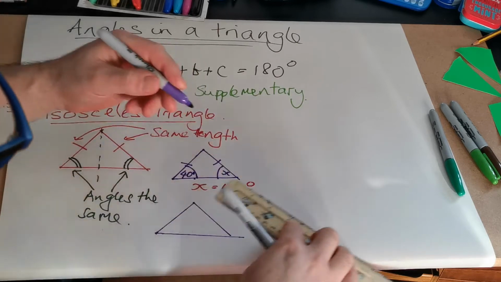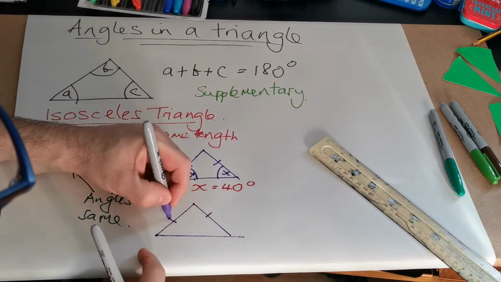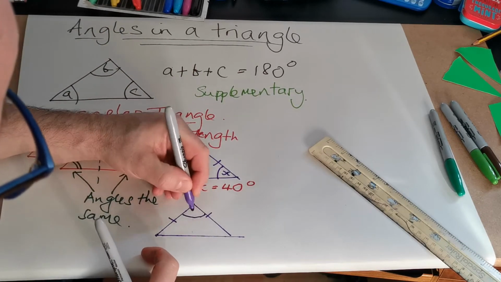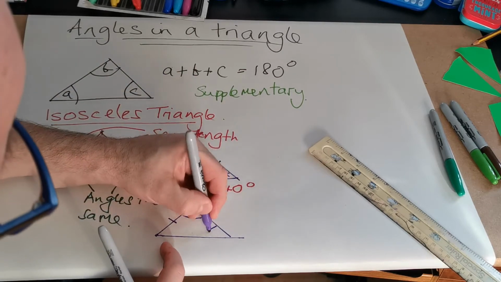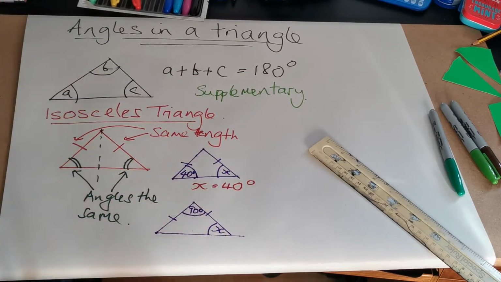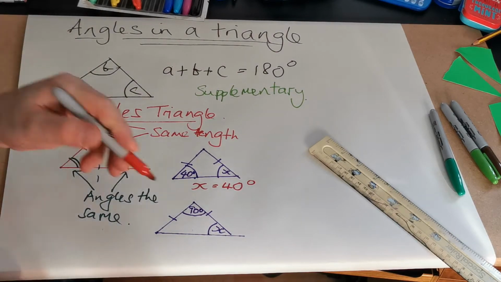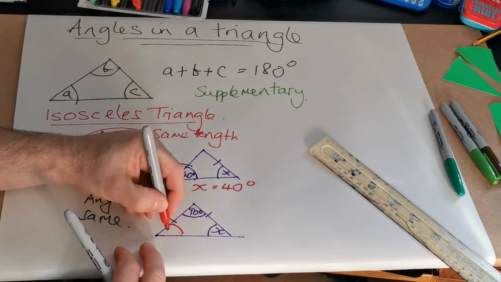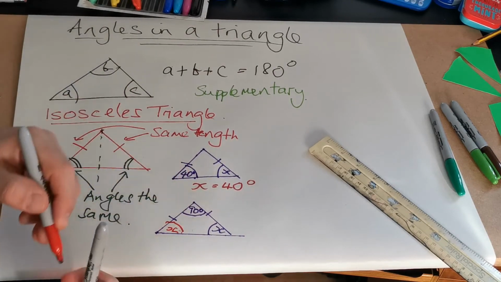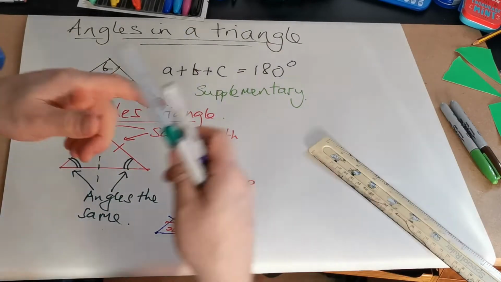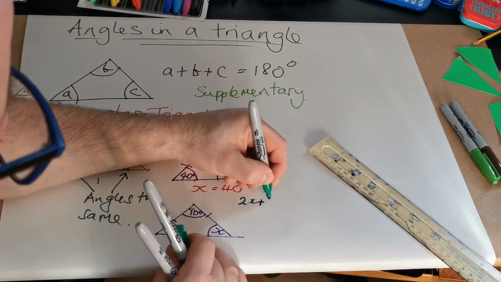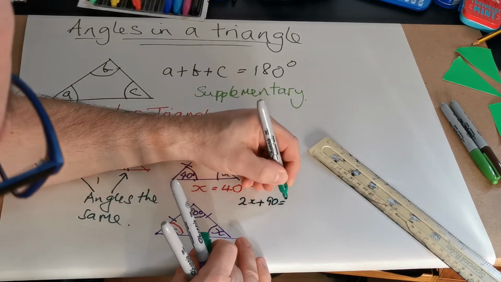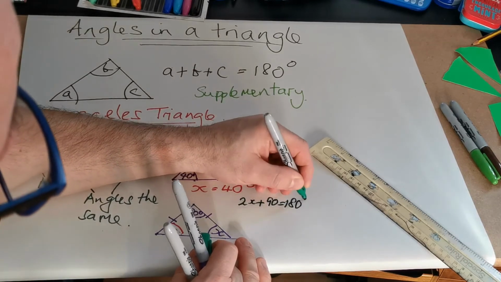You can get a question that says, okay, if this is 90 degrees, how big is angle X? And the way you approach that is you say, well, if I know that is X, then I know that this is X too. So altogether I've got two X's plus 90 degrees equals 180 degrees.